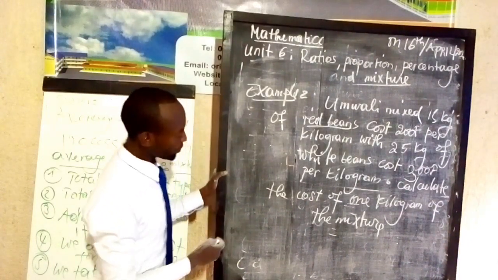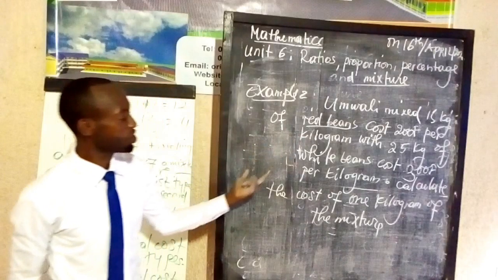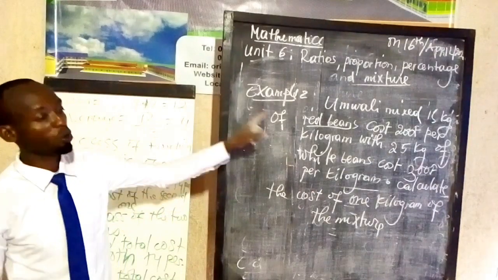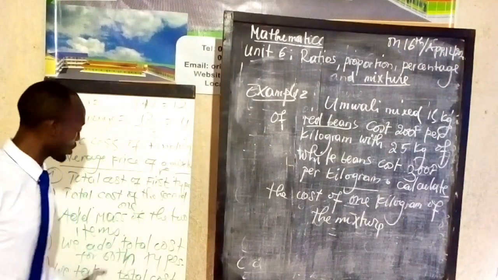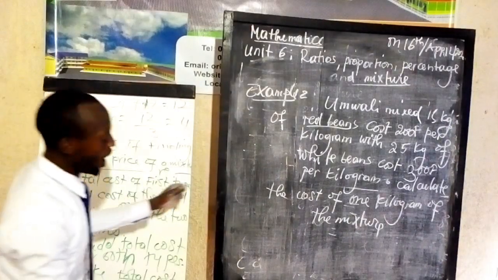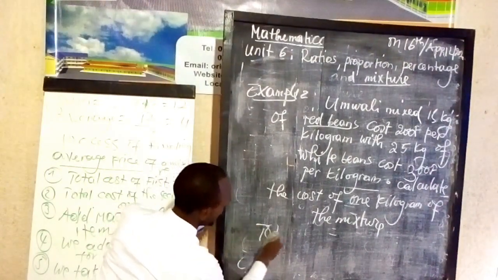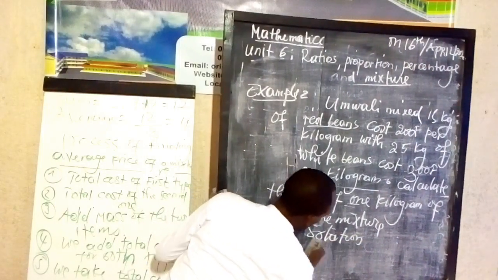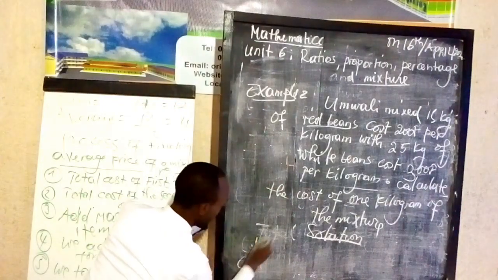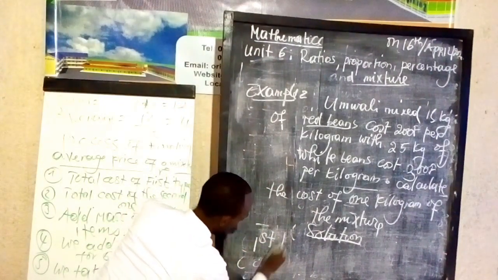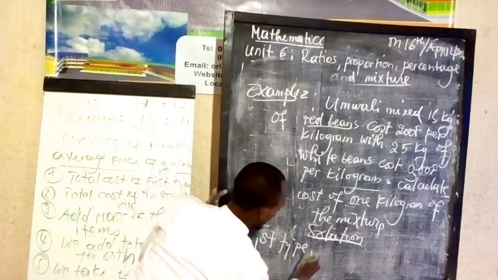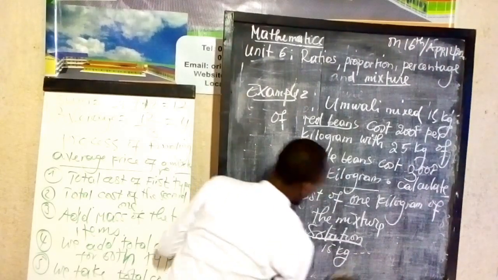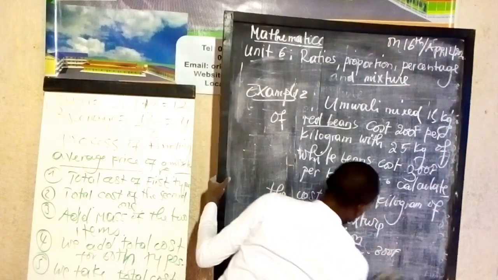What does it mean? As the process we have been using to do the first one, we are also going to use it for doing the second, respecting this process I have shown you here. First, we are going to find the total cost. Solution: the first type was 15 kilograms, which was sold at 200 francs per kilogram.